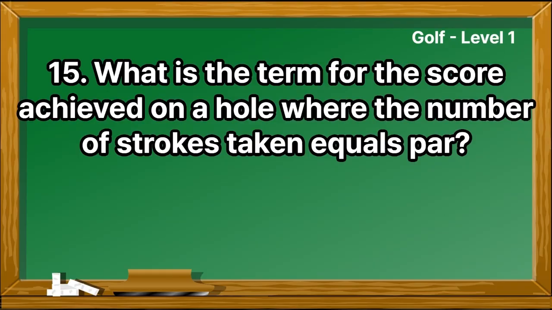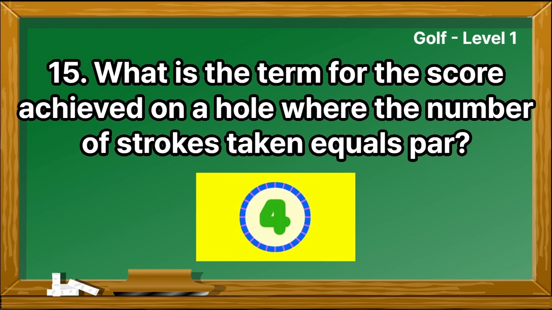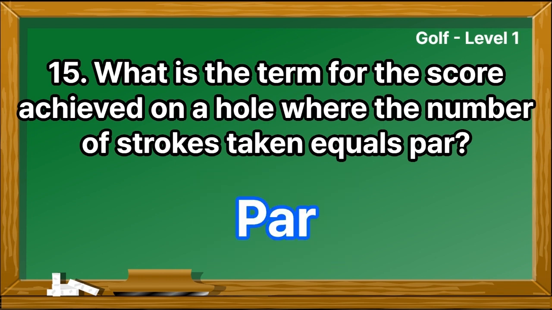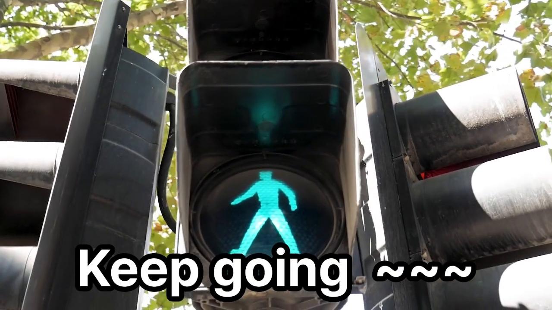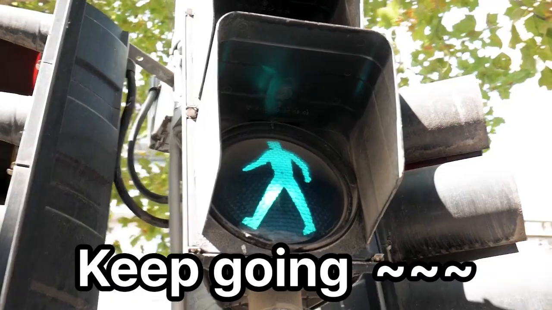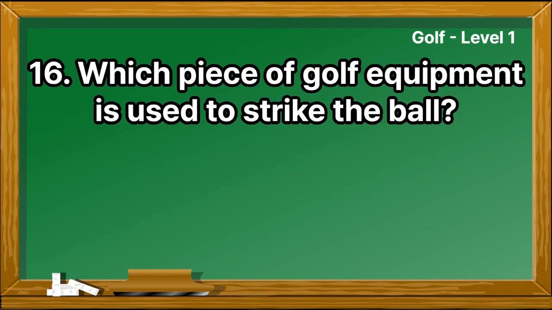What is the term for the score achieved on a hole where the number of strokes taken equals par? Par. Keep going. Which piece of golf equipment is used to strike the ball?